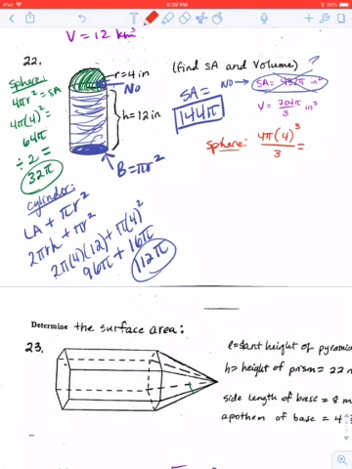Make sure you're just typing the numbers, not pi. So that gives me 4 cubed times 4 divided by 3. That'll give me a nice fraction, which is 256 over 3. And then divide that by 2.